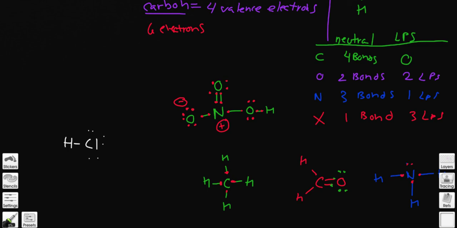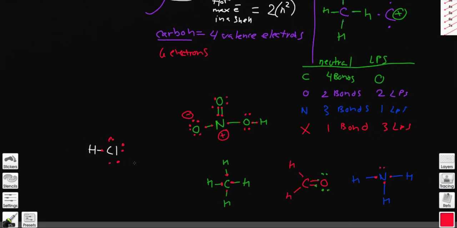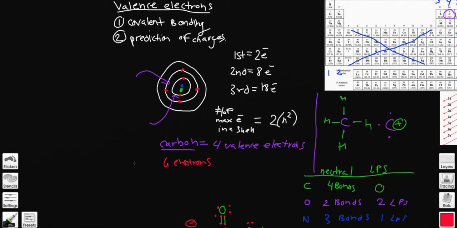Let's see how many valence electrons it has: 1, 2, 3, 4, 5, 6, and 7. 7 valence electrons in total. Because it has 7 valence electrons, it's neutral, because halogens want 7 valence electrons, and the halogen has 1 bond and 3 lone pairs. I hope this helped you guys a lot. Stay tuned for the next video.